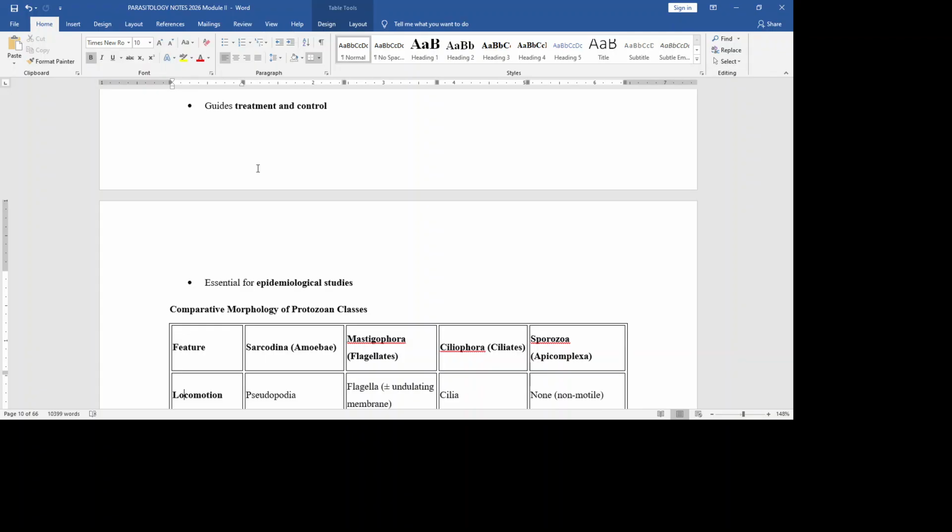So these morphological studies are very key in epidemiological studies of such protozoa.